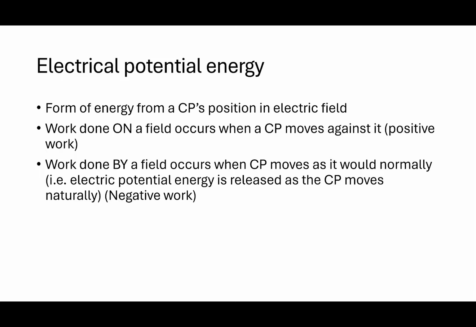Work done by a field occurs when a charged particle moves as it would normally do. And you can think of this as a natural release of built up energy by the electric field. So it's negative work, as nothing is required for it to happen. It's just a natural phenomenon of nature.